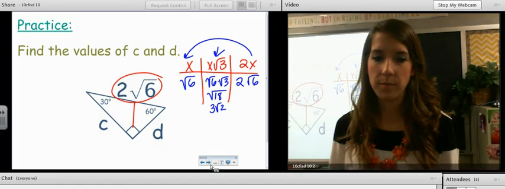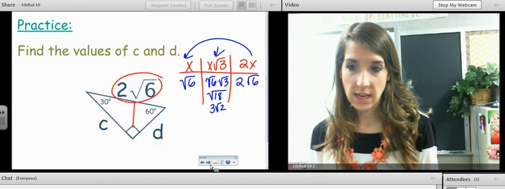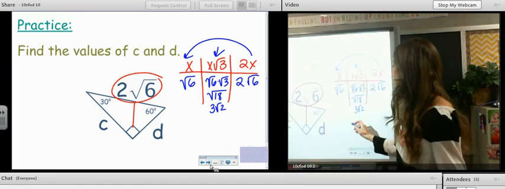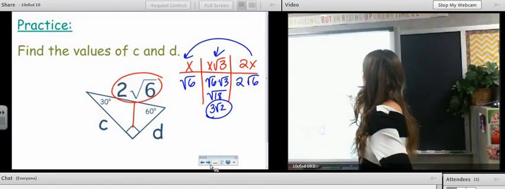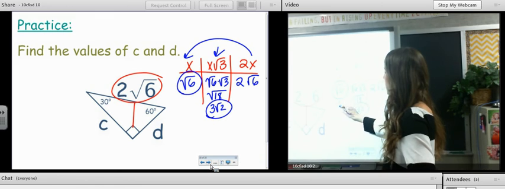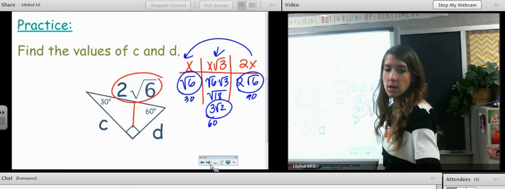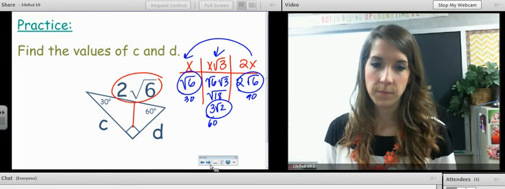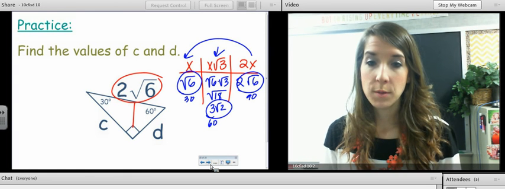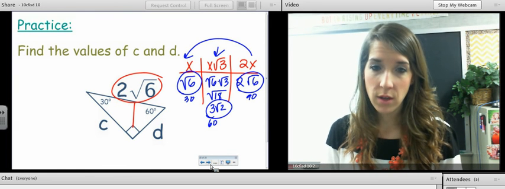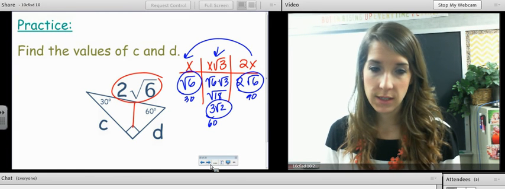Okay, root 18, which you would factor tree and get 3 root 2. So this is across from 30, this is across from 60, and this is across from 90. So C is 3 root 2, and D is root 6.